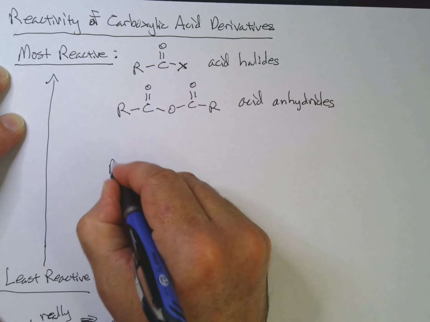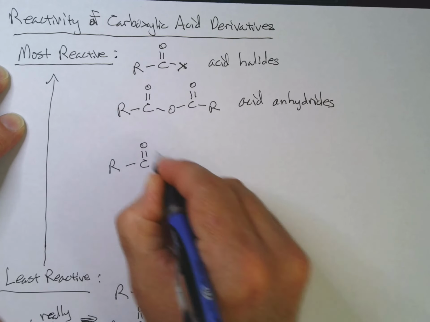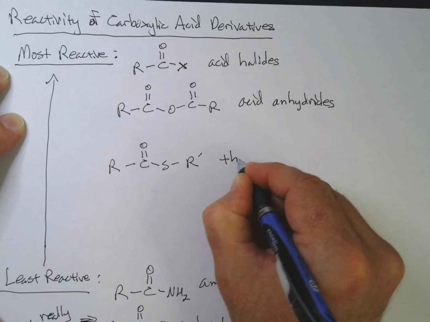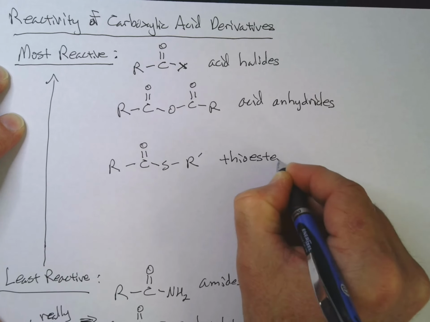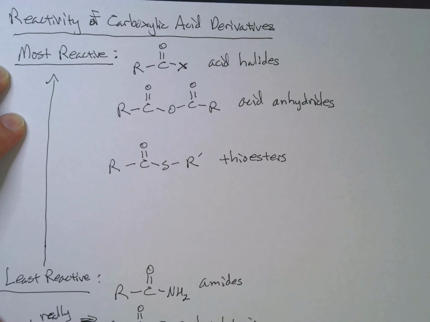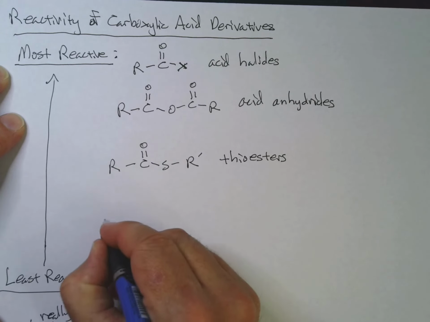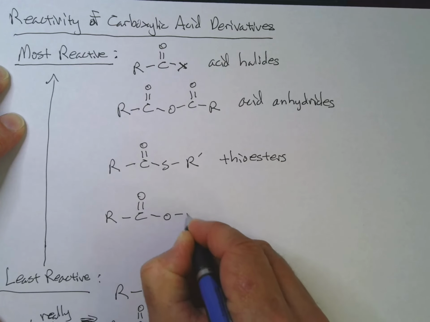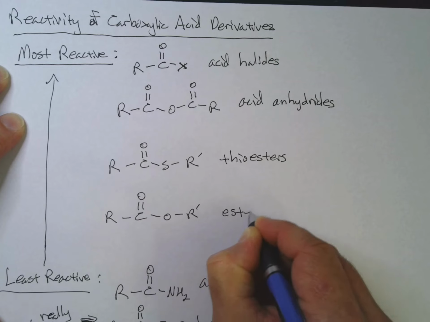And then less reactive than the acid anhydrides are the thioesters. Again, these are biological, and then less reactive than that are regular esters.